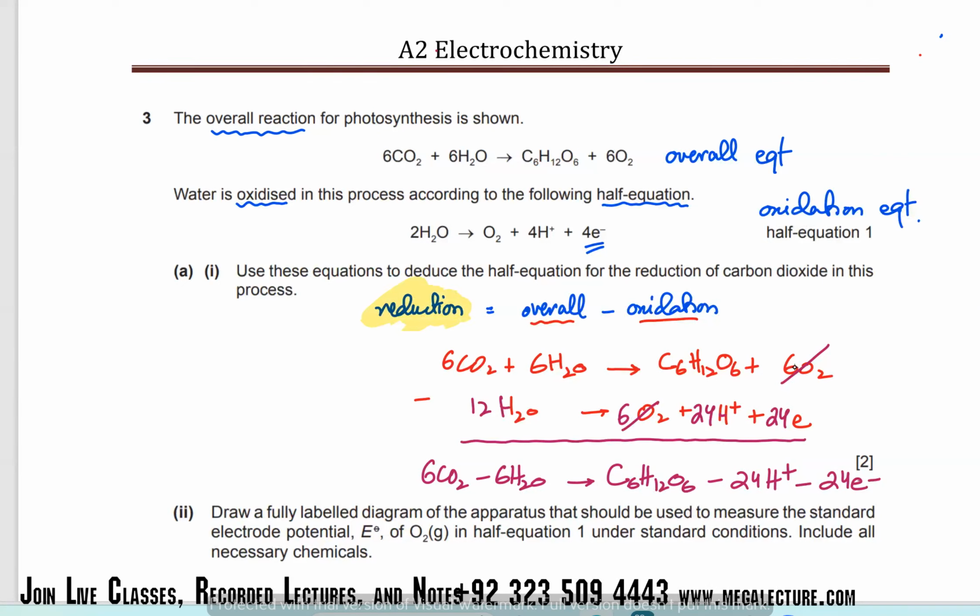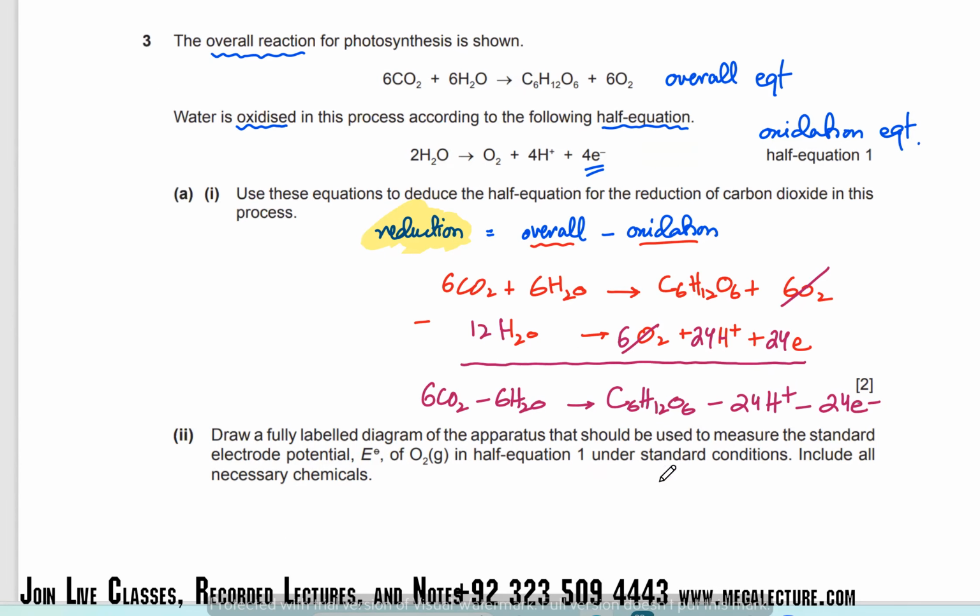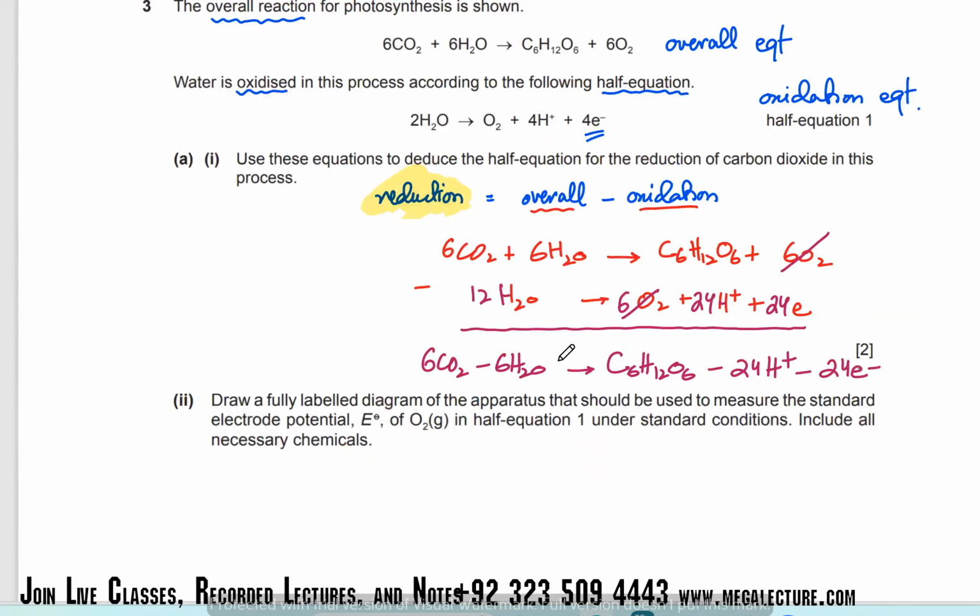Except for one thing, okay, जो equation है ना, you have to sort of rearrange it. Math में minus x plus x आता है ना, so what you're going to do is you're going to just kind of try and rearrange it so that the minus things go on the other side, they become plus. So it's actually, if I rearrange it, so it's going to be 6 CO2. उधर से 24H plus 1 plus 24 electrons.